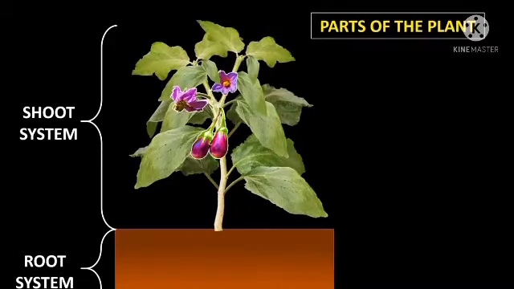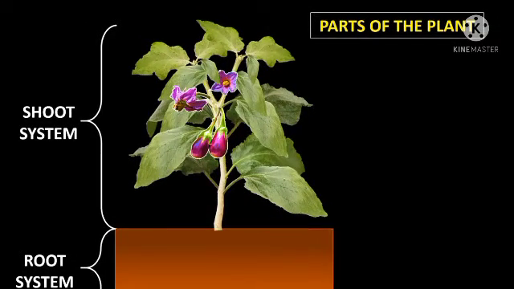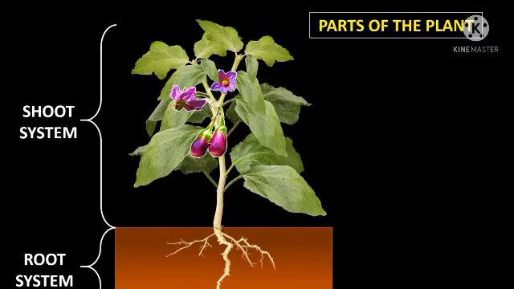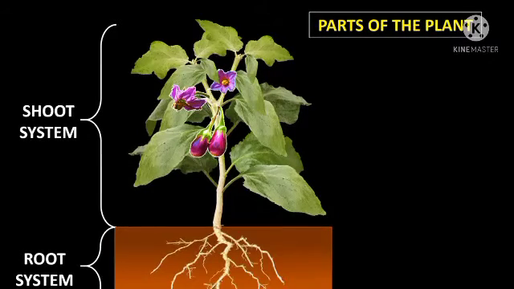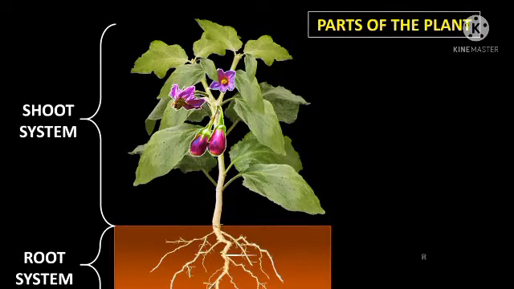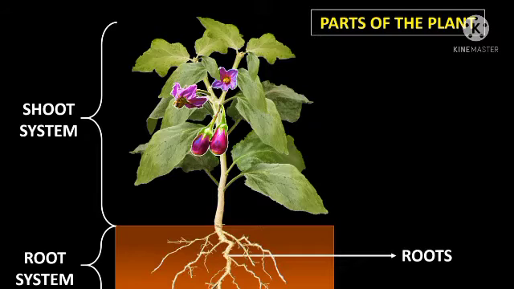This type of plant is called a dicot plant. The dicot plant has a taproot system. From the taproot, there are so many small roots, called lateral roots.